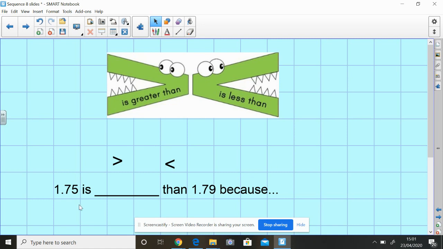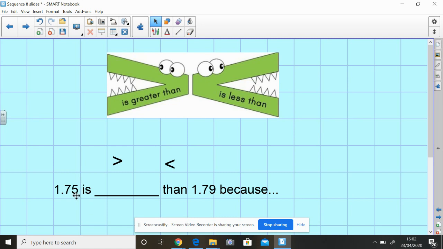Okay, so we look at the first column first. We have two ones in the ones column, so we need to move to the next column, which is the tenths. In the tenths, we have two sevens. So that doesn't tell us anything. So what do we have to do next? We move to the next column, which is the hundredths. In the hundredths, we have a 5 and a 9.